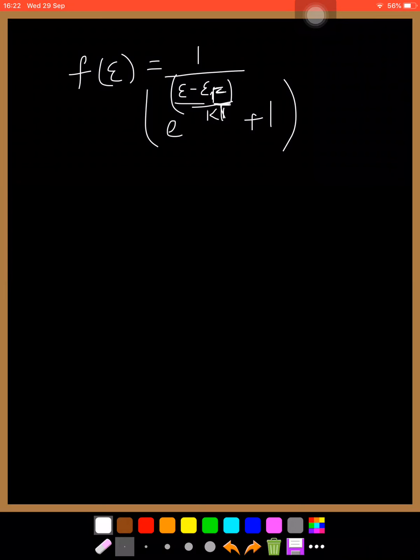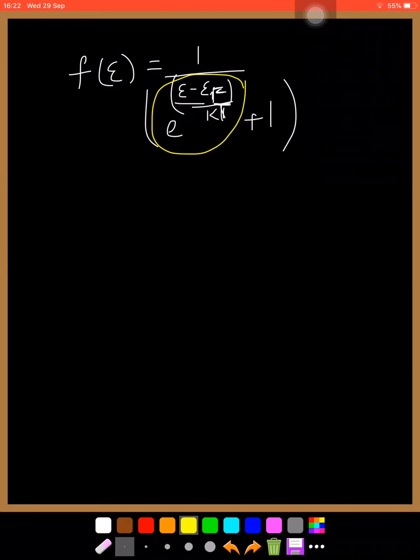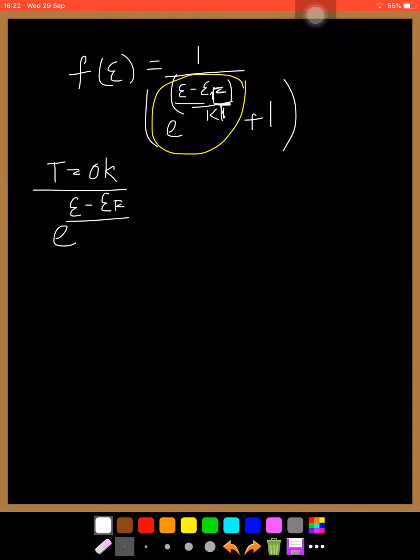So let's find the value of this term when T equal to 0. We are considering the situation when T equal to 0. Then the term is E minus EF by kT.